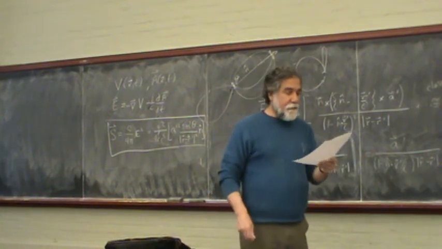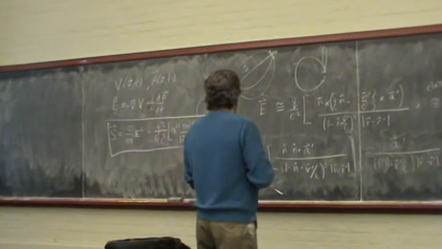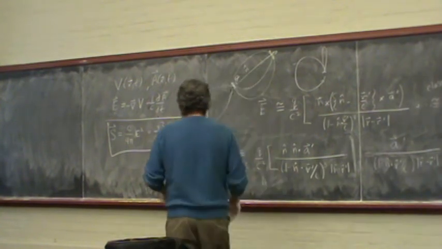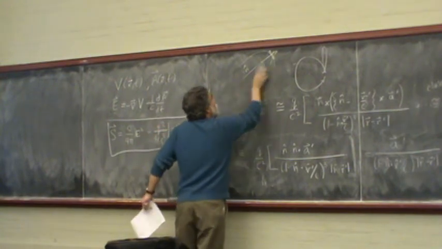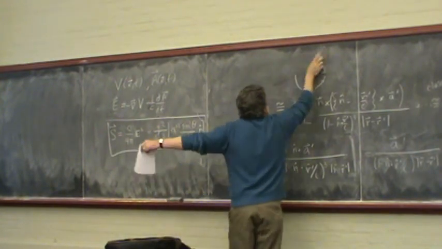Well, actually, I have the Poynting vector, so I can take this another step and work out the power and everything else. So I have a charge which is accelerating with acceleration a.